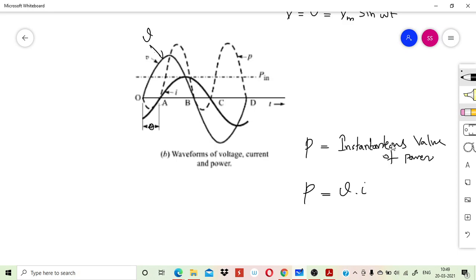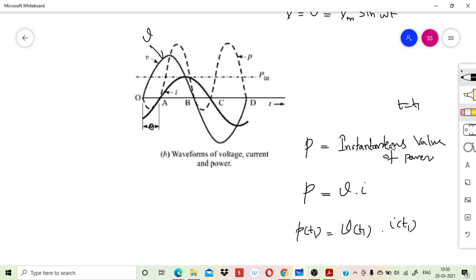That means the power at a particular instant, let us say t equal to t1, will be equal to the voltage at that instant, v of t1, into the current at that instant, i of t1.